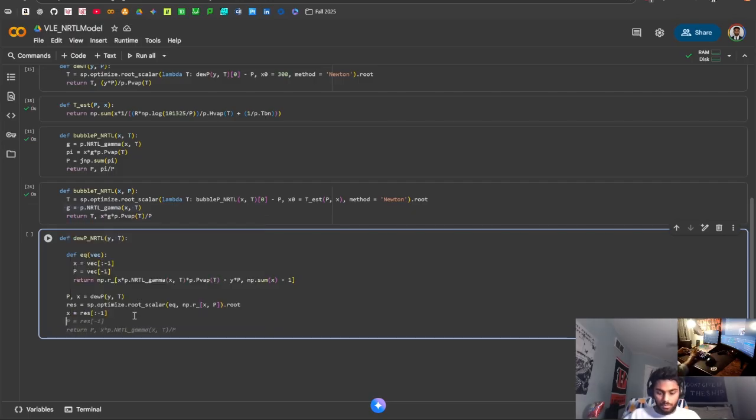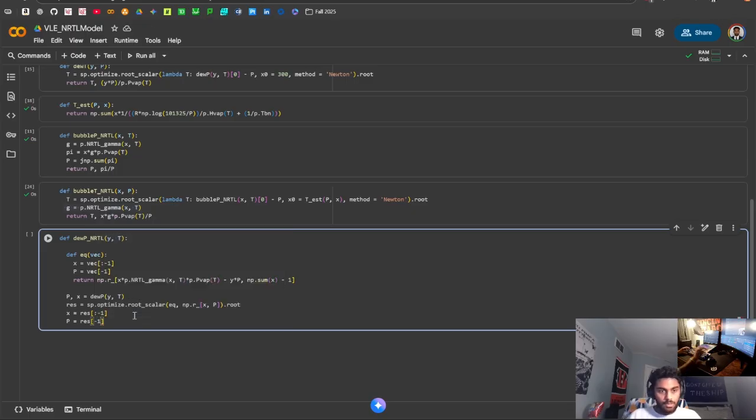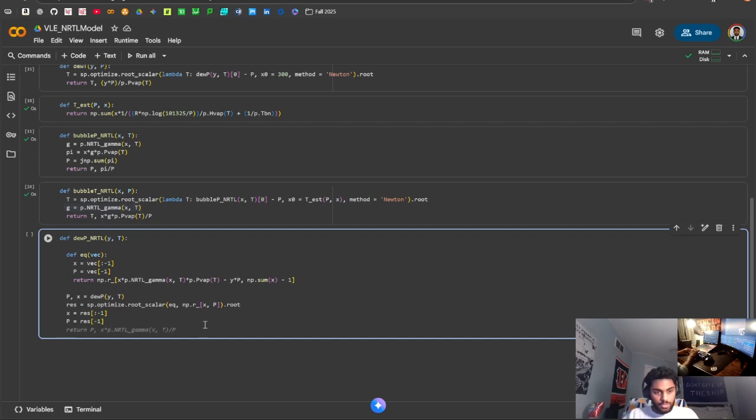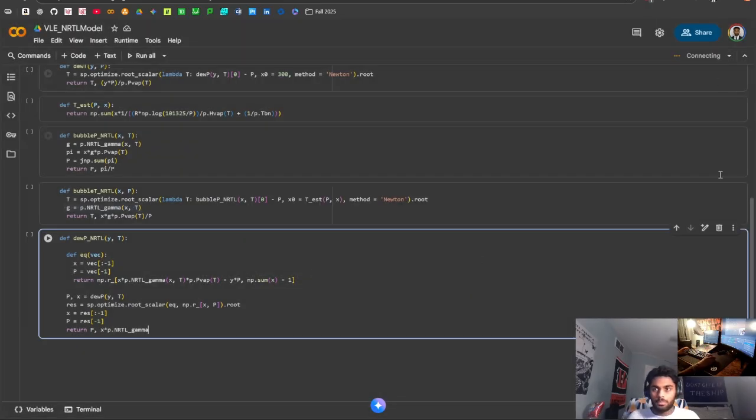So it's going to be our very last value there, and we're going to return our bubble pressure and we're going to return our vapor composition. So x times p dot NRTL gamma. Not sure why it's done that. Inputs of x and t all over our total pressure.